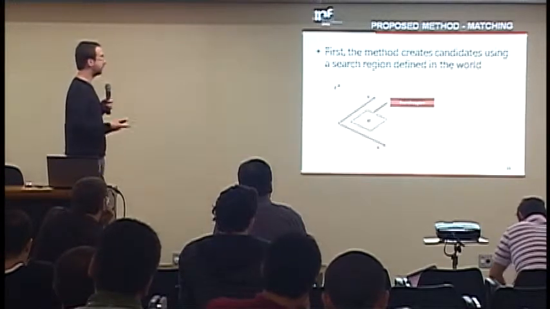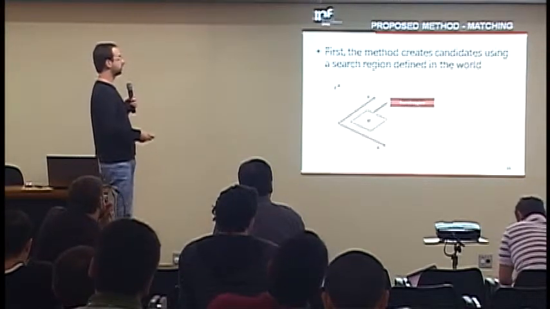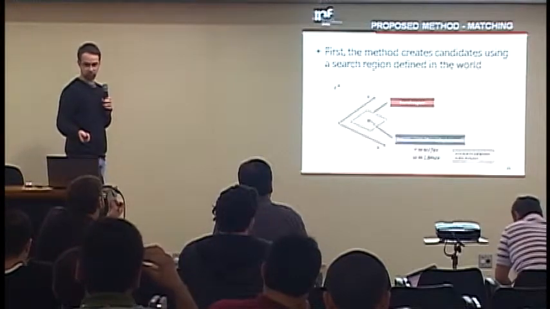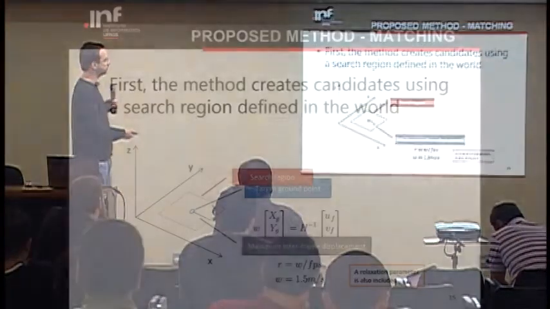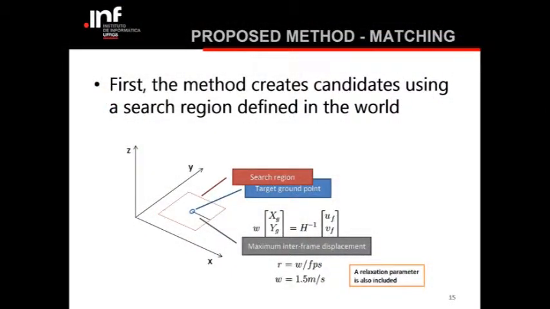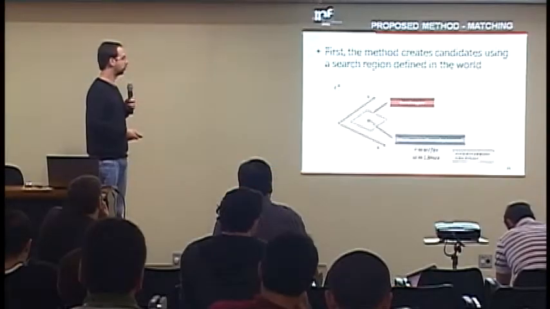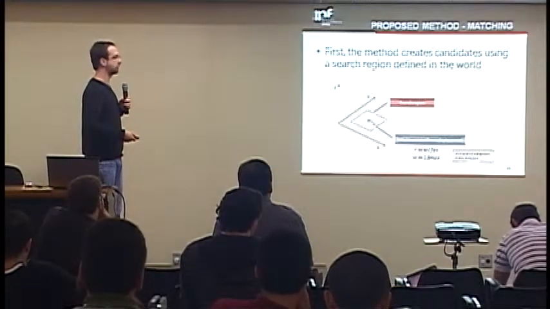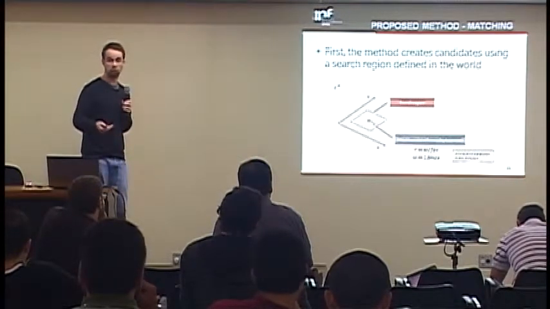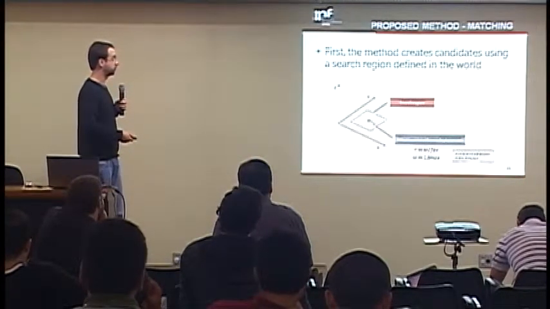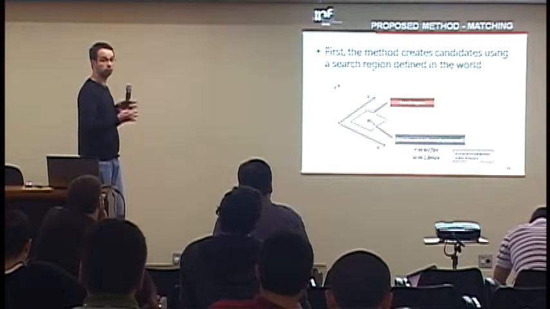We are going to define this search region in red using this equation. The size of this search region is this equation here. So it's the maximum interframe displacement of a person in the world. So we put here that the maximum velocity of a person walking would be 1.5 meters per second, and we use the frames per second also to compute this distance.